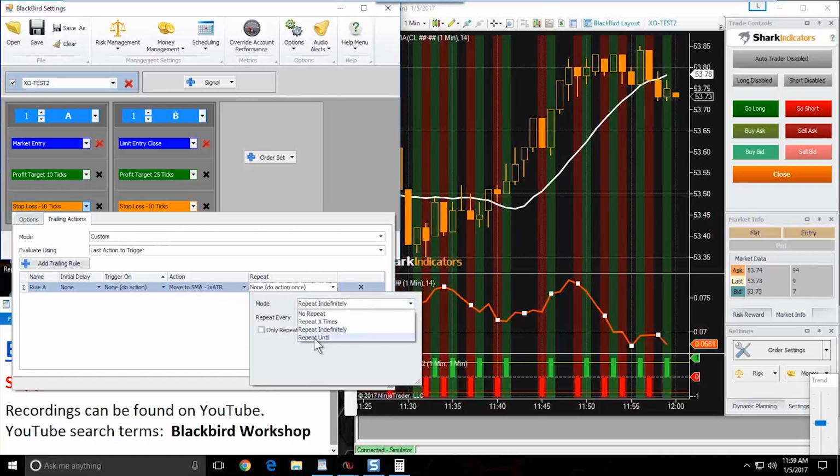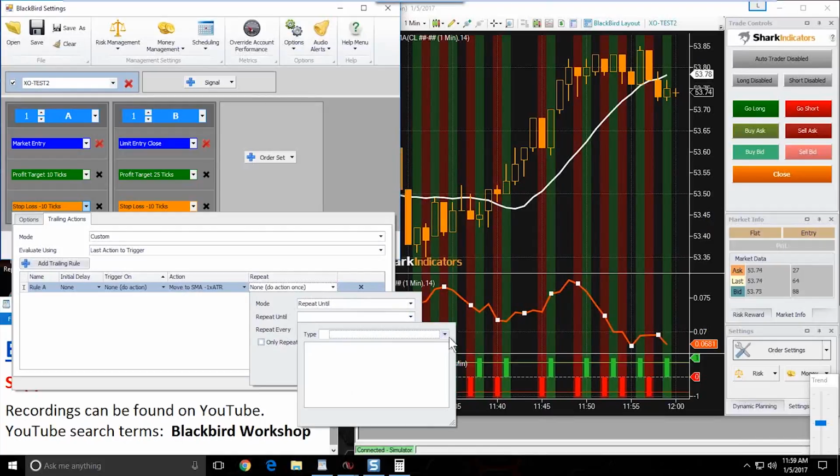And then we have repeat until. You'll notice that this menu looks exactly like the trigger rules. So basically, you could set up a trailing rule so that it repeats until some kind of trigger event occurs.